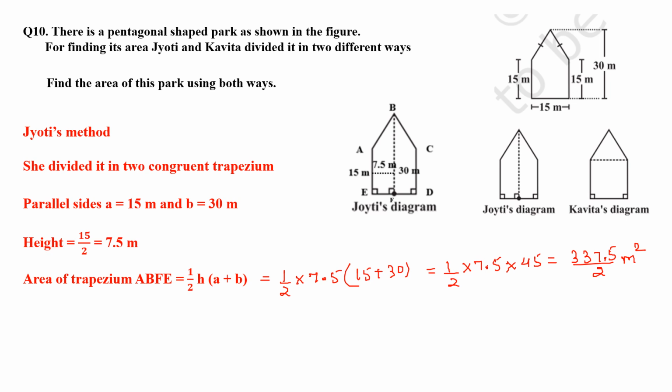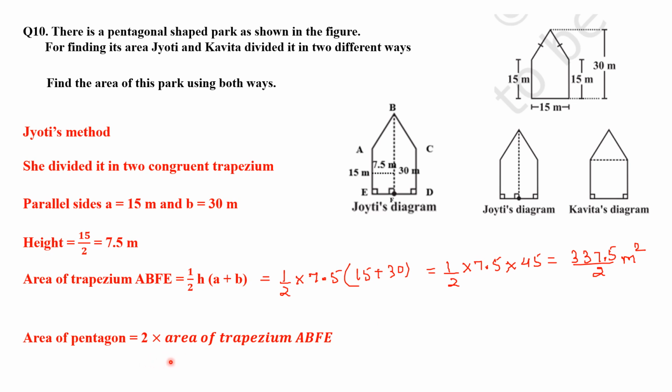Now to find the area of the park, what do I have to do? I have to multiply this area of the trapezium ABFE by 2 because both the trapeziums are congruent. So if one area is 337.5 by 2, the other will also be the same area.